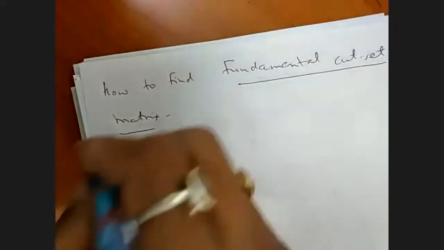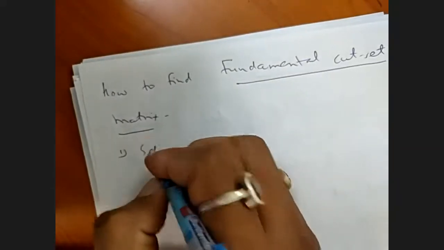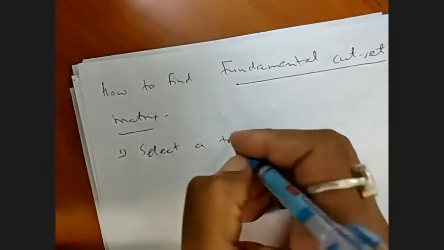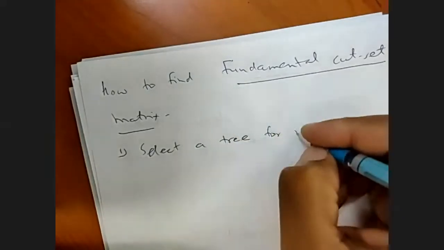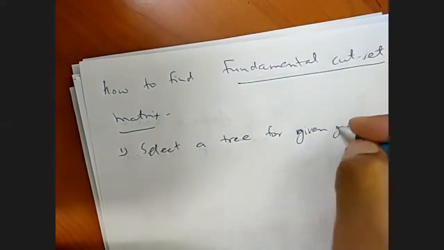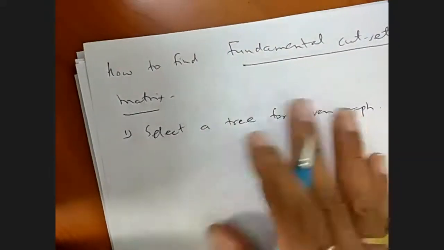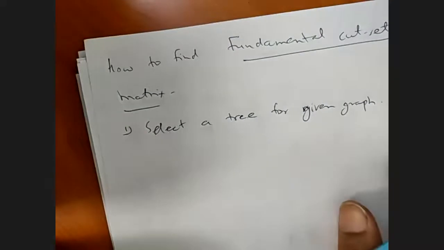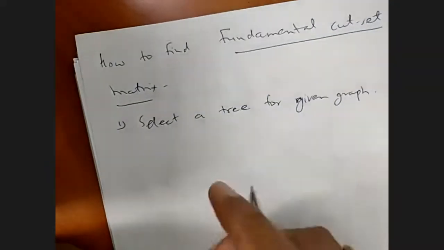So step number 1, select a tree for the given graph. You have to select a tree. It is your choice which tree you select. It is not always defined.